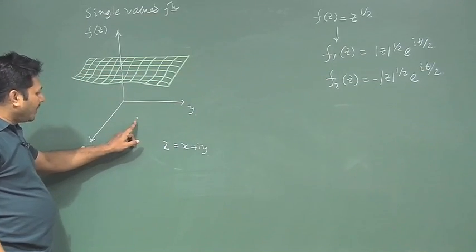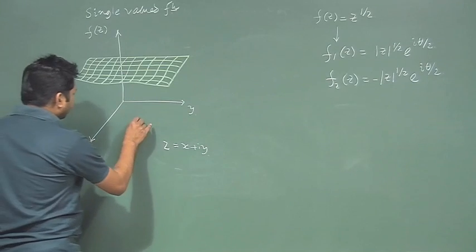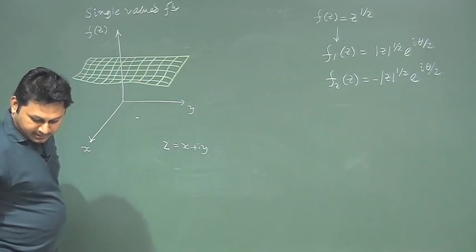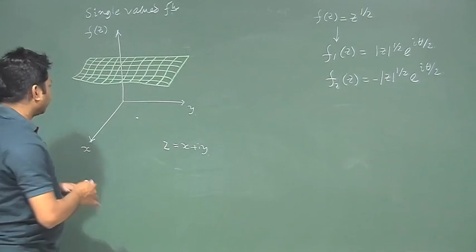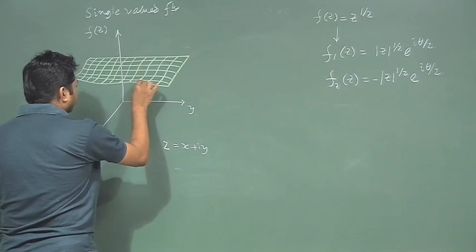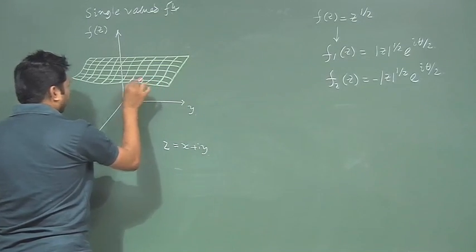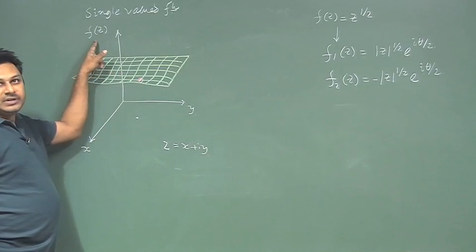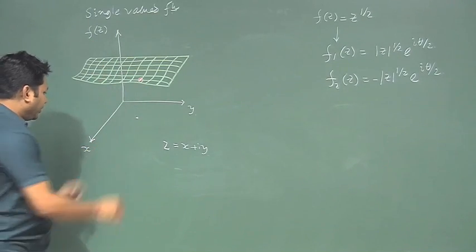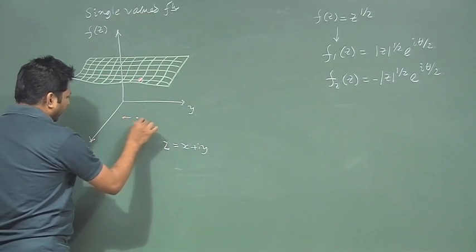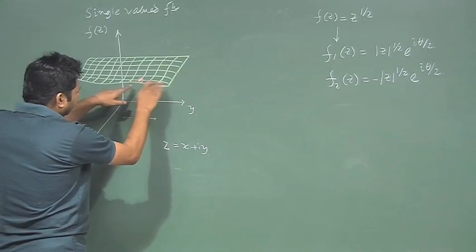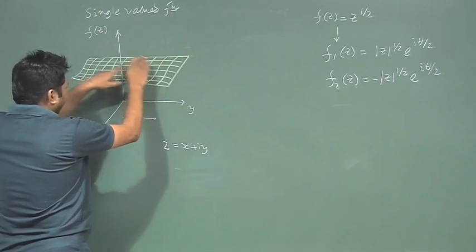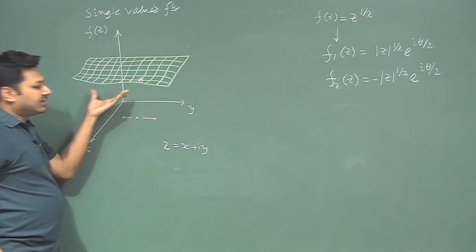So, I have one point here, and for this point, suppose I will have one point by red mark, I will have one point here over this sheet f(z). Then if I shift this point to somewhere here or somewhere here, I am moving this point in f(z), and I am making this surface, whatever the surface is drawn here.